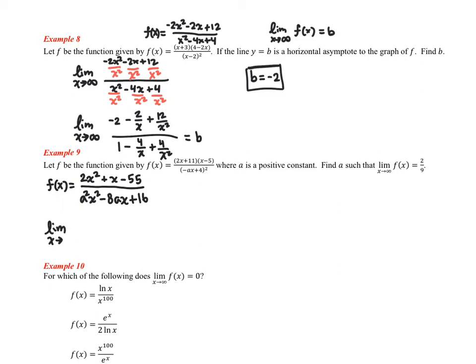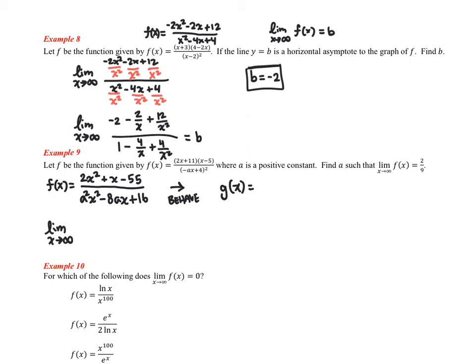Now, the limit as x approaches infinity of the following function f of x. As x increases without bound, f of x will behave much like the following. Let's call this g of x. As x goes to infinity, these will behave very similarly, because the other terms, x, -55, 8ax, and 16, will become insignificant.